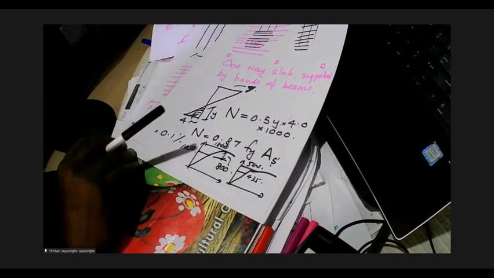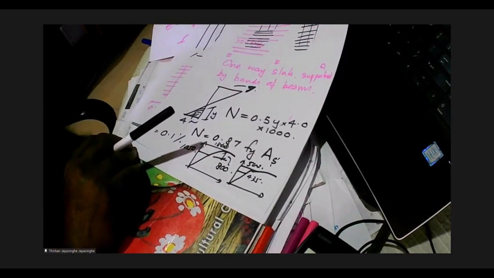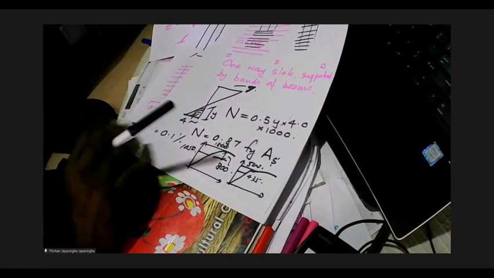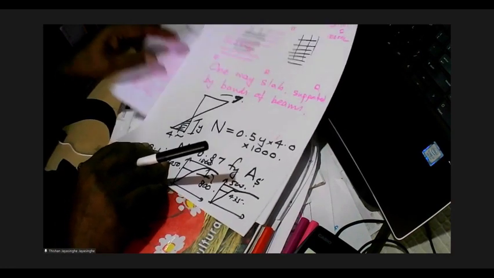So what's the way that the flat slab can fail if it ever fails? It can fail only due to what?